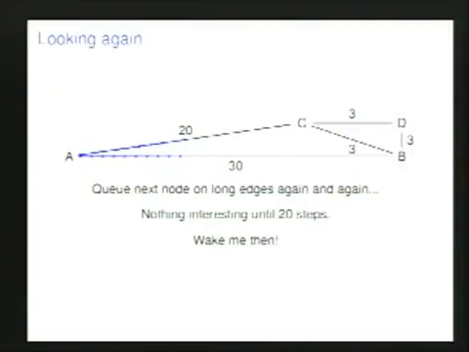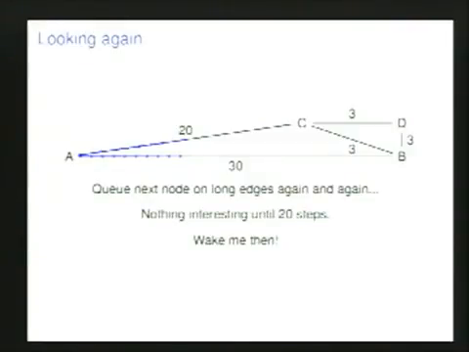But I know what is going to happen at 20 steps: C is going to pop out of the queue. It might pop out earlier, and I know that before step 30, B will pop out of the queue. But certainly C will pop out at 20.